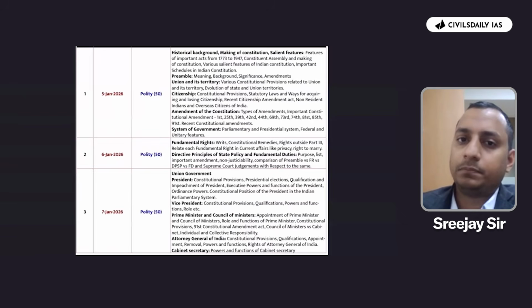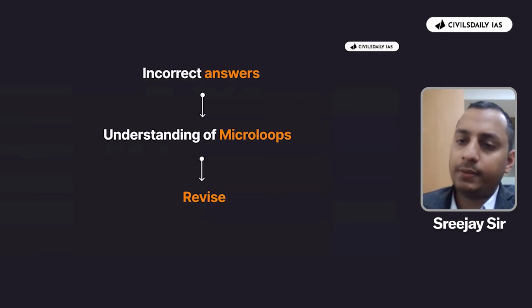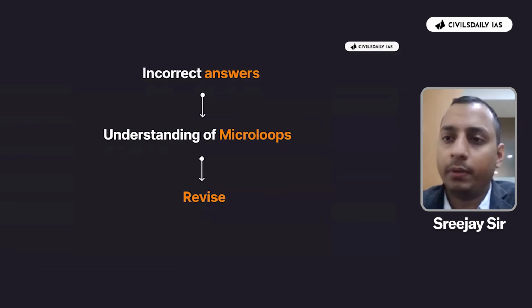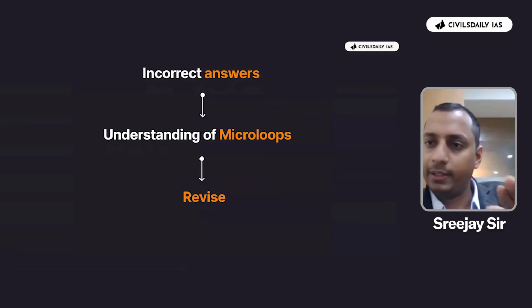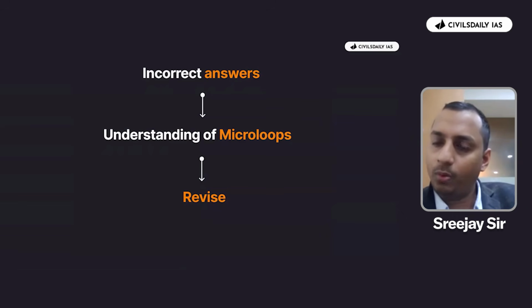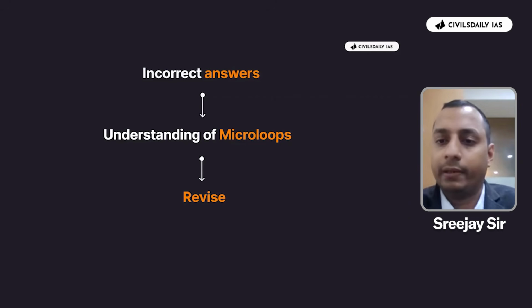So, with the incorrect answers, understanding which are the micro themes that you are lacking, and then revising the same, this will be the most important thing for you to improve your content. Identifying the sources, identifying the areas to focus, studying on the basis of what I said in the orientation. After that, you test yourself, you understand these are the areas you have to focus on more, and then you revise those areas which you got incorrect.